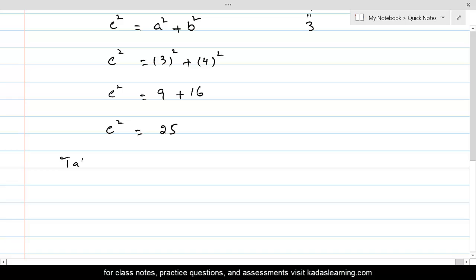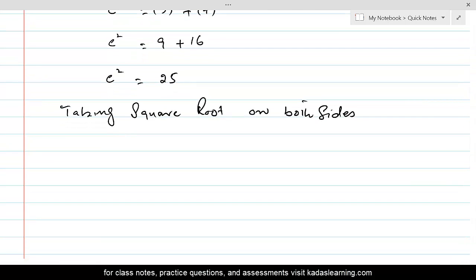Taking square root on both sides, we have C equal to square root of 25.